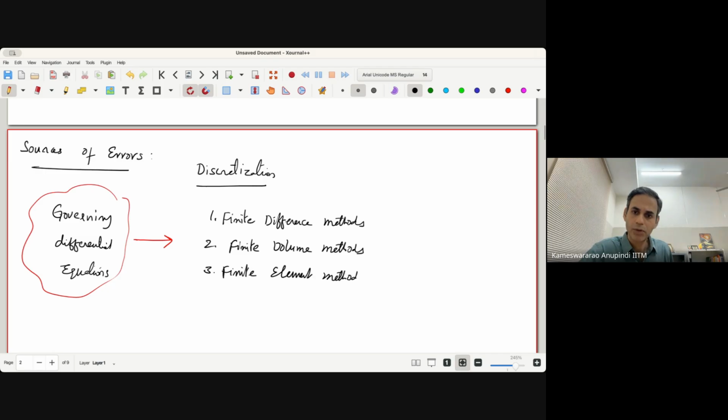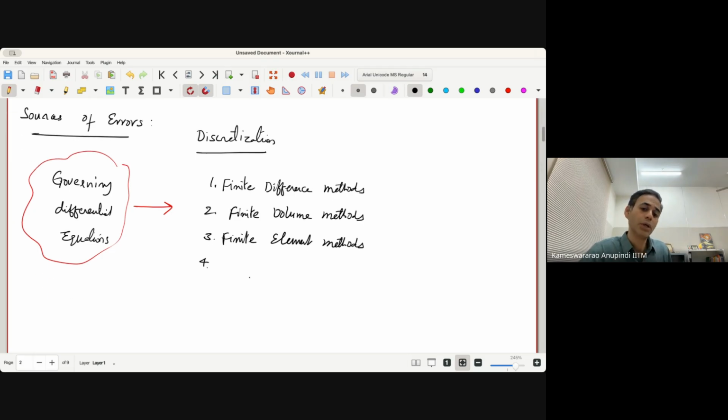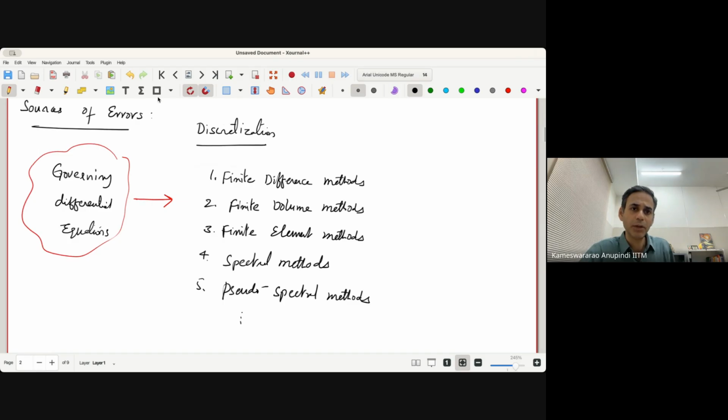Okay, if you're using solid mechanics, finite element is much more used. And then you also have other methods such as the spectral methods. Okay, and you have some methods that are known as the pseudo spectral methods. And then many other types are available, using which you're going to essentially convert all these.